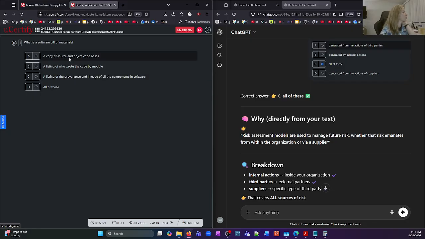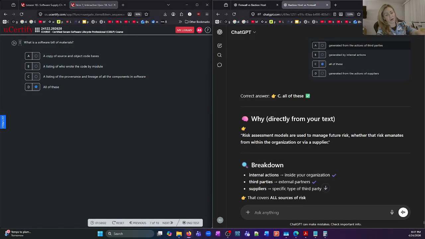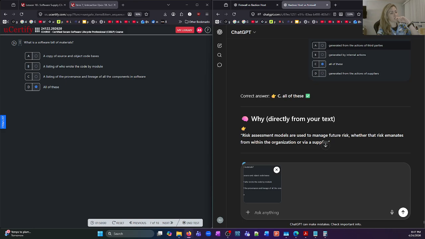What is software bill of materials? A copy of source and object code bases, a listing of who wrote the code, a listing of provenance and lineage. All of this, I mean, it's like all the components of the code.